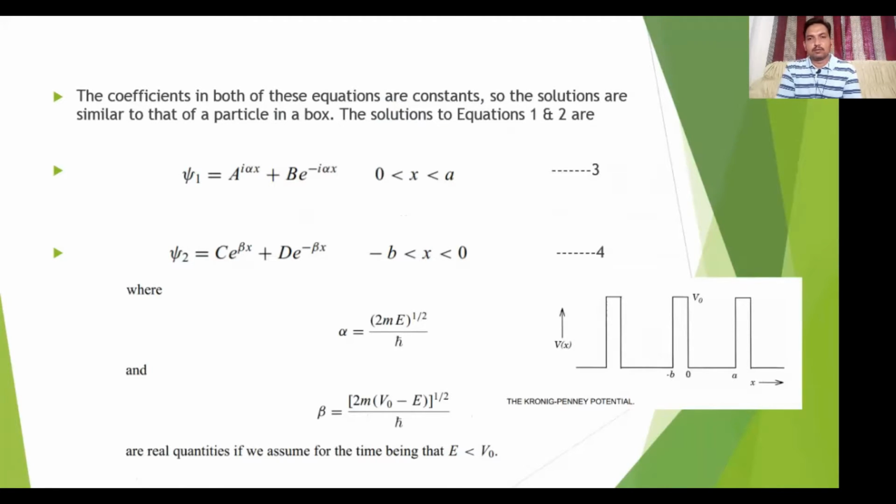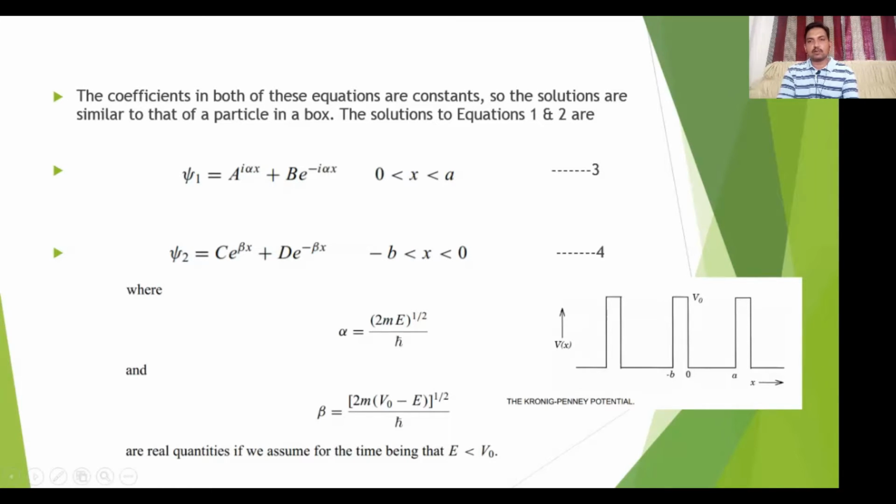These are ordinary differential equations of second order, so you can easily solve them. You might have already solved them in your previous classes, and the solution is presented over there. For the region between 0 to a, the solution is psi 1 equals A exponential i alpha x plus B exponential minus i alpha x.